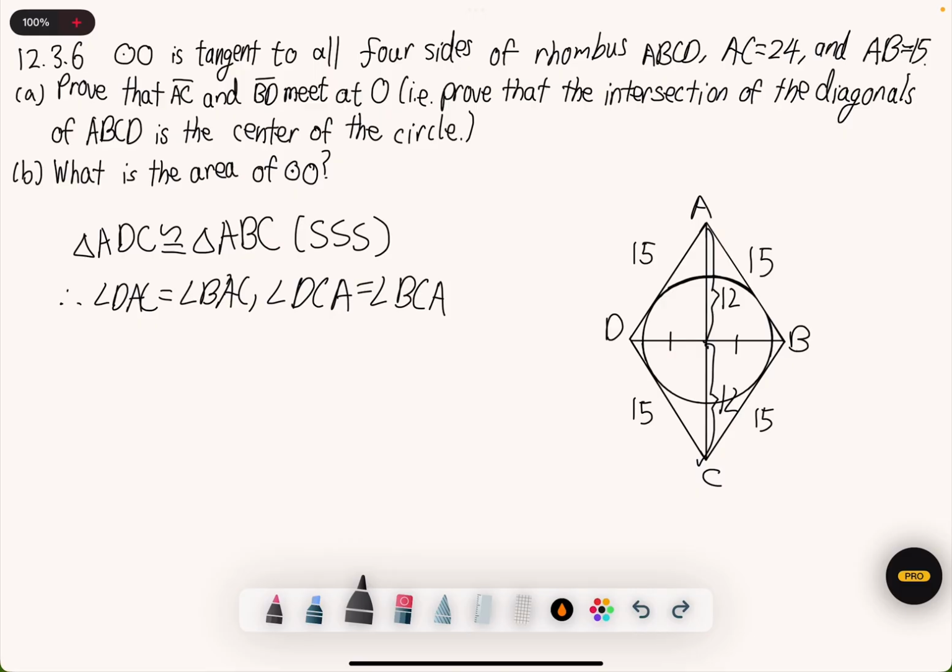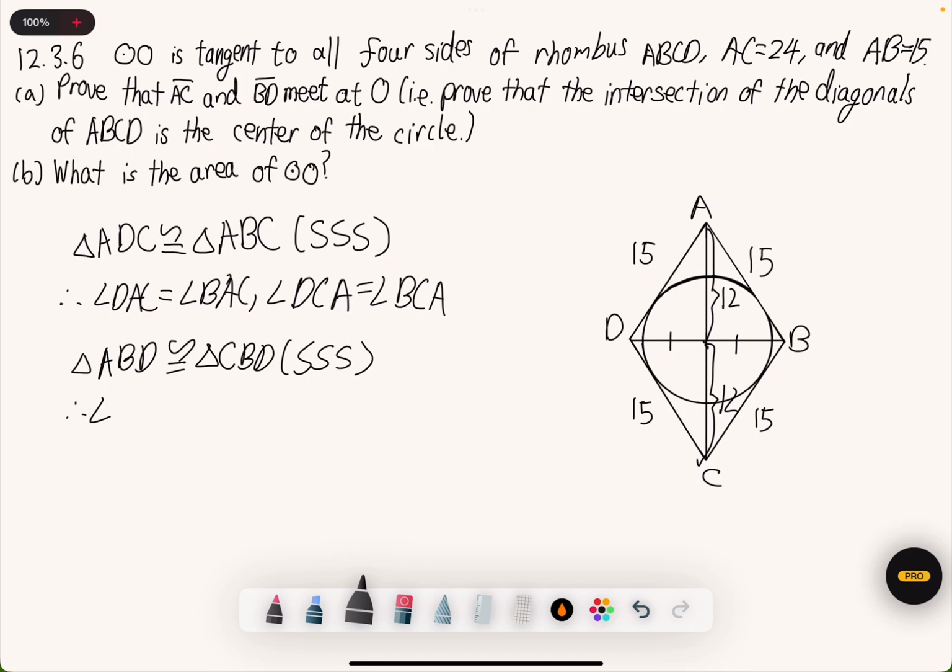We can prove the same thing for BD. We can prove that triangle ABD is congruent to triangle CBD because all three sides are equal.